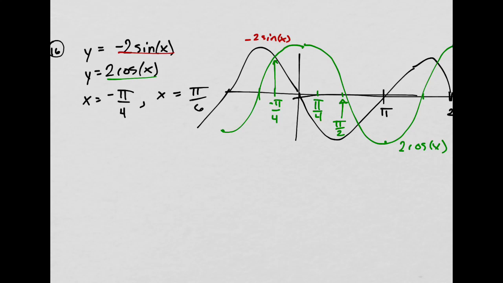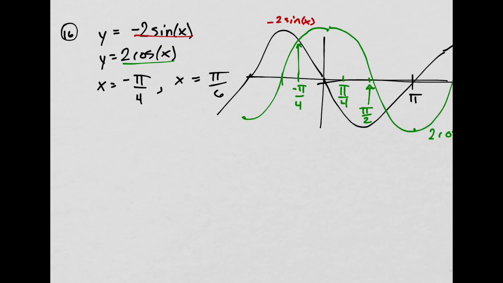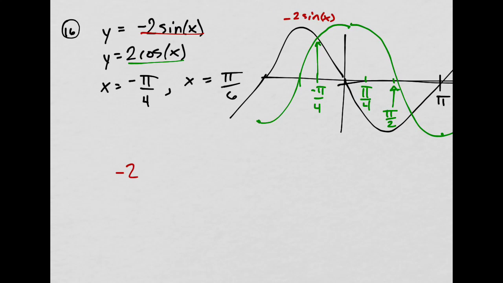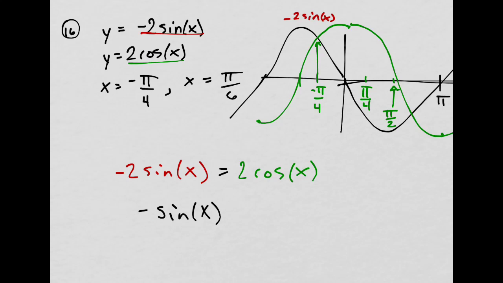But if you couldn't figure it out, the way that you figure out when two functions intersect is by setting them equal to each other. So if I did that here, I would get negative 2 sine x equals 2 cosine x. I would divide off by 2. So I get negative sine x equals cosine x.